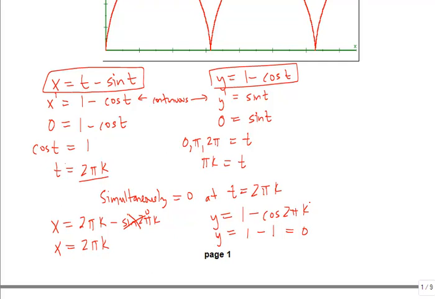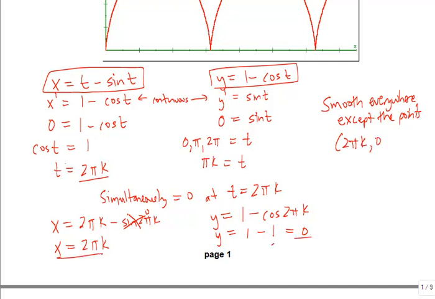So that means this graph up here, this cycloid, is going to be smooth everywhere except at these points where the derivatives were simultaneously equal to 0. So this is smooth everywhere except the points that have the form 2 pi k for the x value and 0 for the y value.